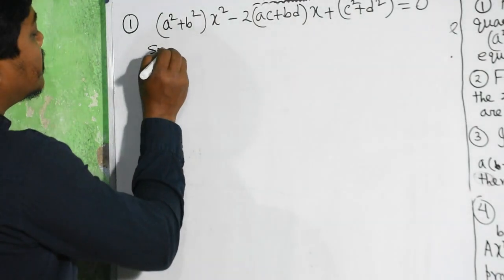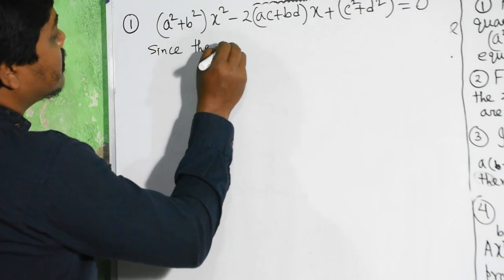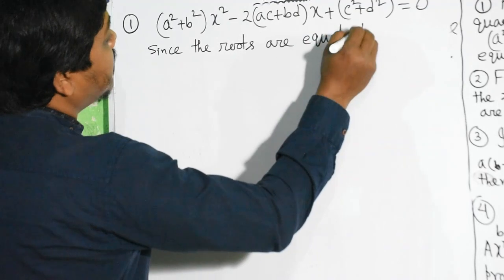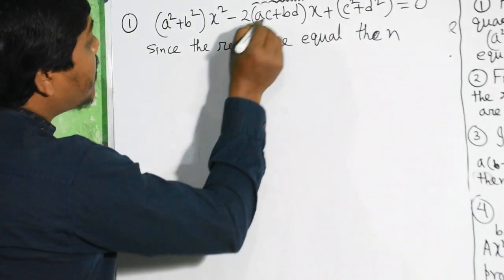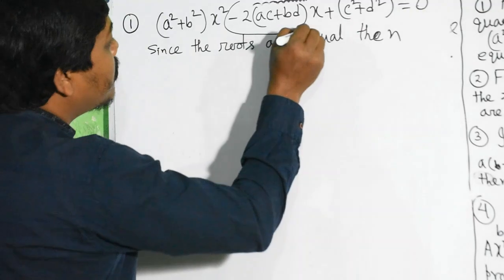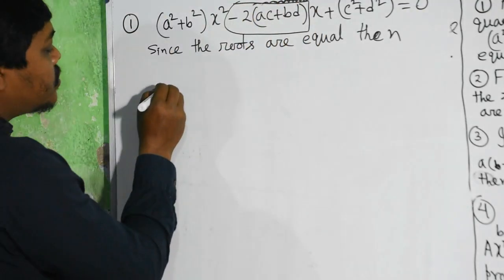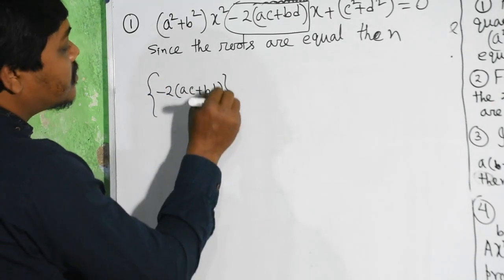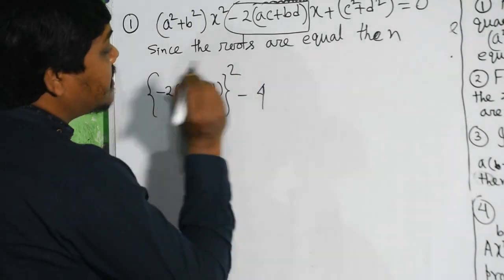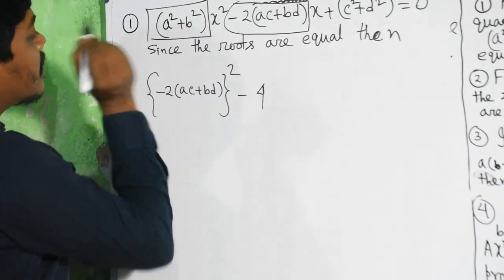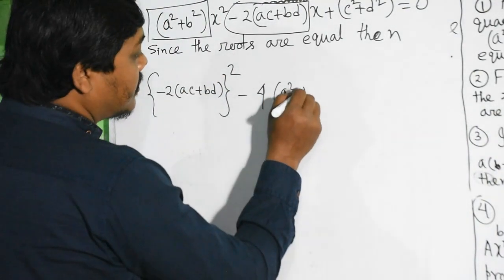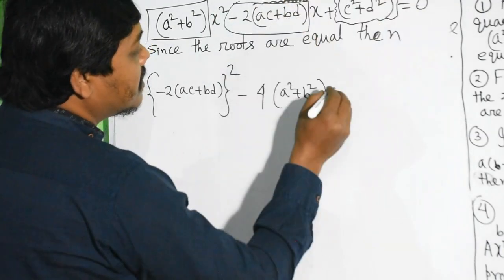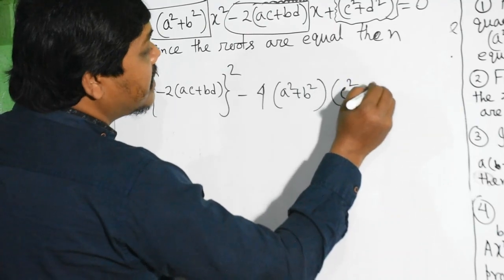Since the roots are equal, then b square minus 4ac: this is your b, minus 2 into (ac plus bd) the whole square, minus 4 into (a square plus b square), this is your a, and this is your c, equals 0.